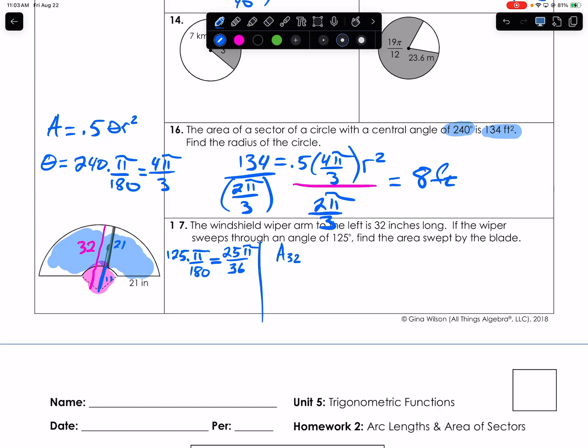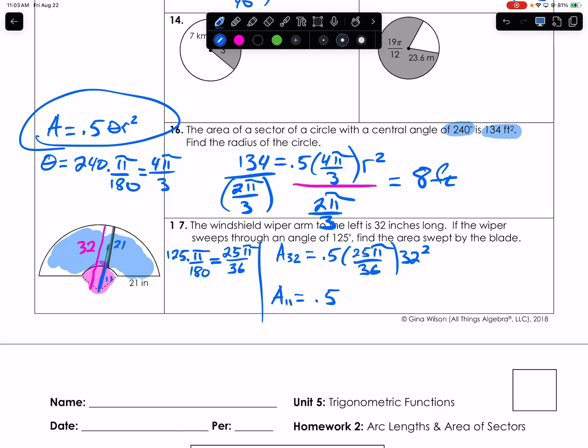So we're using 32 in that equation, and we're going to plug it into our area equation up here. So we get 0.5 times 25 pi over 36 times 32 squared. Then we're going to do the same thing with the 11. The only thing that changes is the 32 changes to 11. Everything else stays the same.